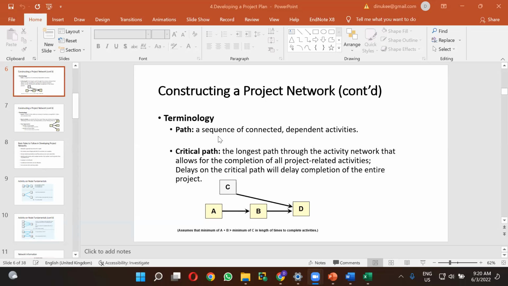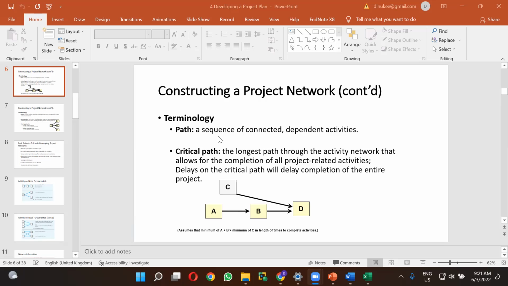That path we can call the critical path. Or you can just connect the nodes which have 0 slack and get the critical path. Those are the two approaches that you can use when determining the critical path.